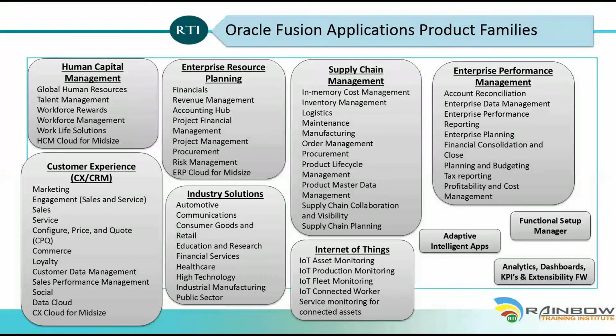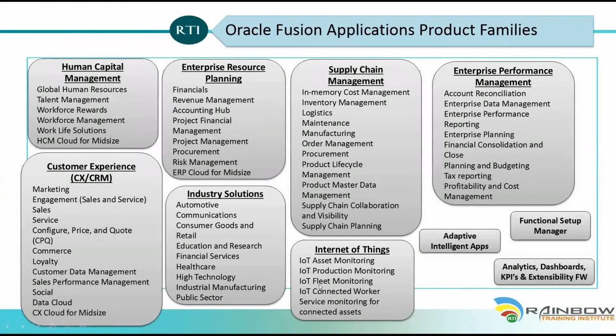For example, the user can modify what language he wants to see the data in, or time zone preferences. Or an administrator can make sure this page looks different for the United States, and this page looks different for the United Kingdom, or for a particular division. So this extensibility framework is also available along with each and every product family.